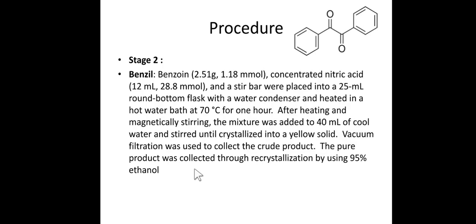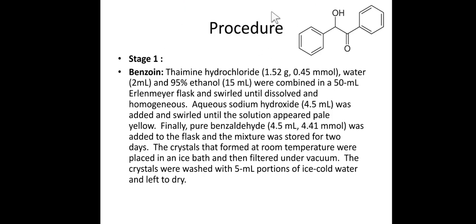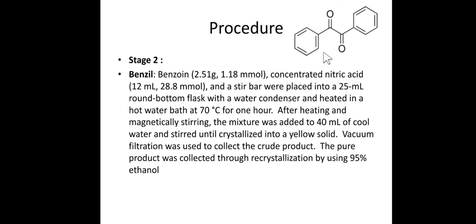Once we form the benzoin, the next step is conversion of this benzoin to benzil. Benzil is a 1,2-diketo compound. So friends, what we are going to do? We are going to take benzoin 2.51 gram, or accordingly we will modify the starting material amount.